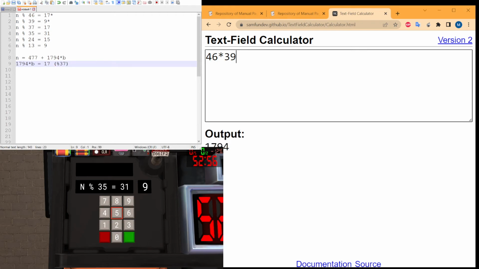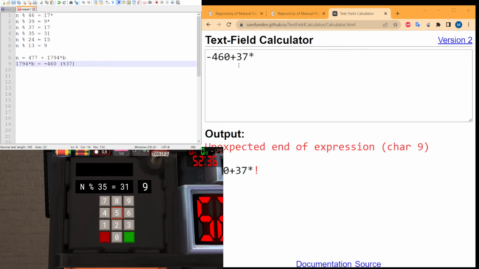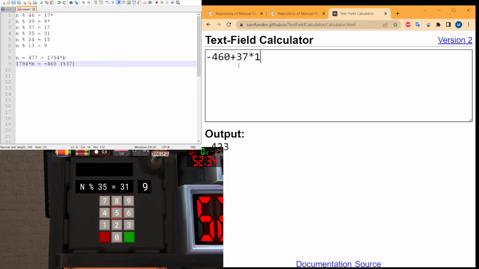Subtract 477 from both sides, and then try to make it in the range from 0 to 36. 37 times 13, so it's going to be 21.